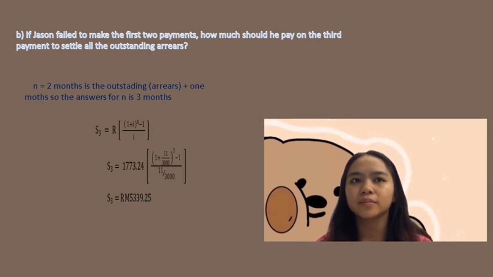So S equals 1,773.24 [((1 plus 11 over 3000) to the power of 3 minus 1) over 11 over 3000]. The answer we get is S equals RM 5,339.35.